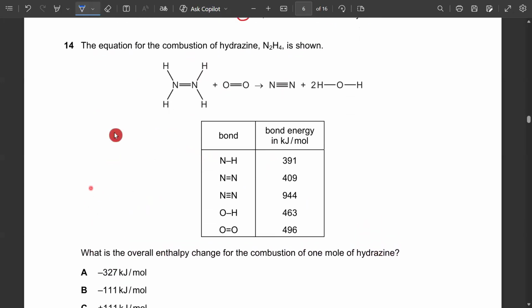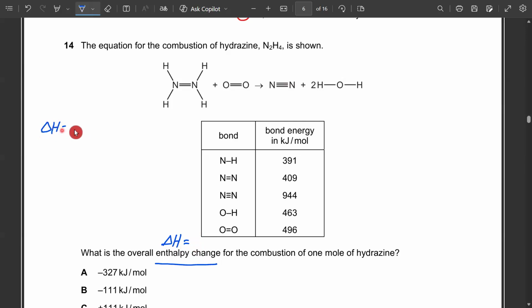If you remember from the notes, the enthalpy change is delta H. You basically have to find this value, for which the easy formula I told you before is: delta H is equal to bonds broken minus bonds formed.